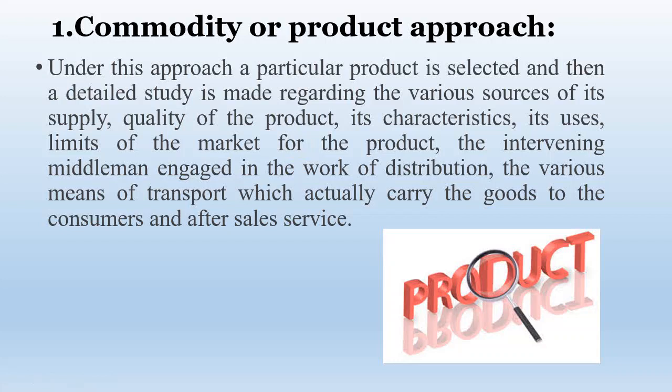This kind of study is the market study under the product approach. Then the middlemen, the channel of distribution, how many middlemen are engaged in the work of distribution. Then what is the transport cost of carrying goods from the place of production to the consumer, and the after sales service.